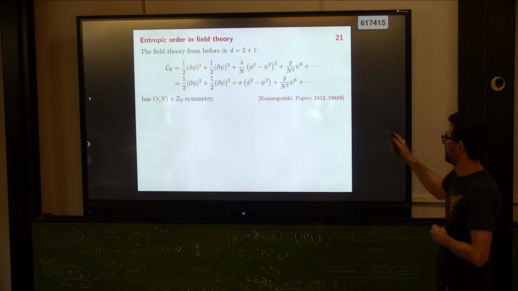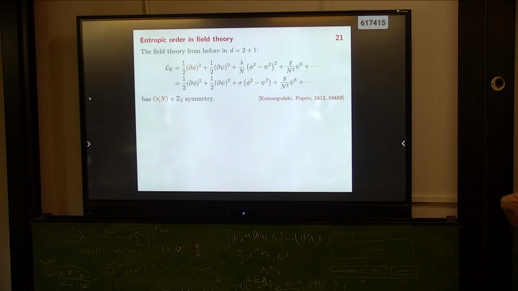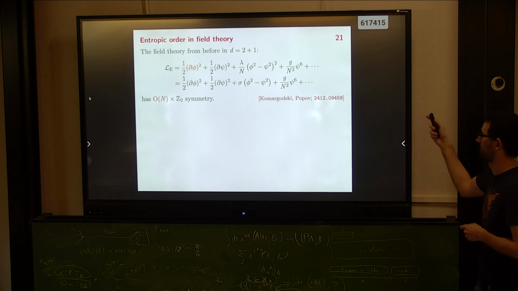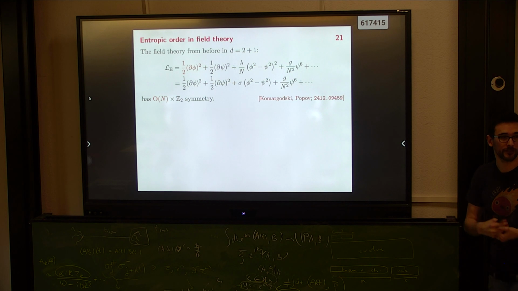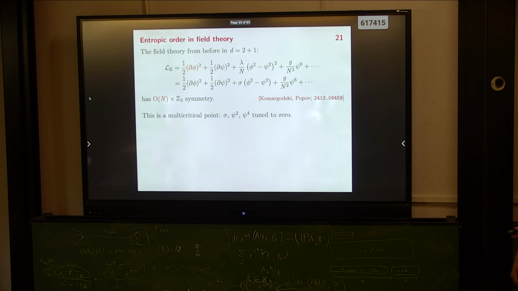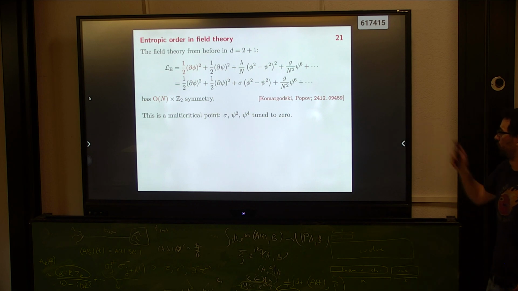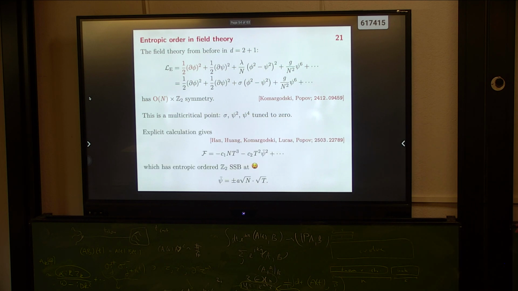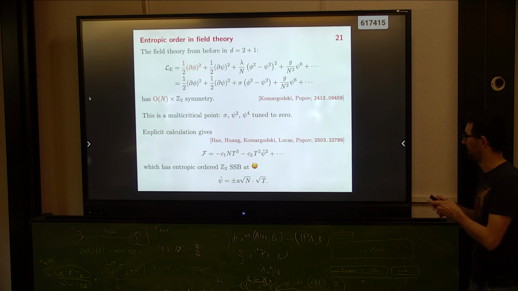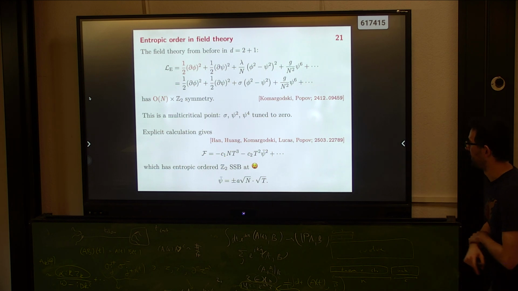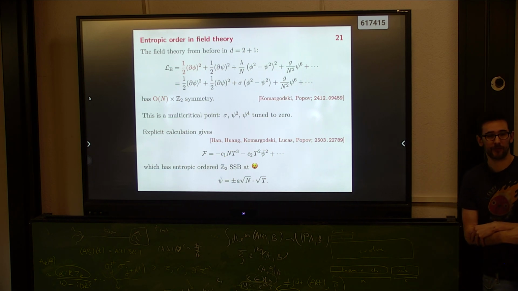In the second line, I've done a Hubbard-Stratonovich transformation. This is more natural from a field theorist's point of view because sigma, phi squared, these are the relevant operators in this field theory. And you tune to a multi-critical point, which has this Lagrangian in the second line, and an explicit calculation of this free energy density shows you that indeed in this model, psi has a negative thermal mass.